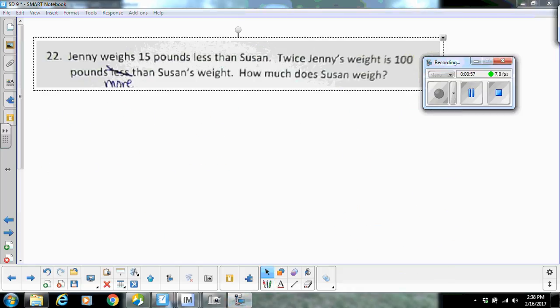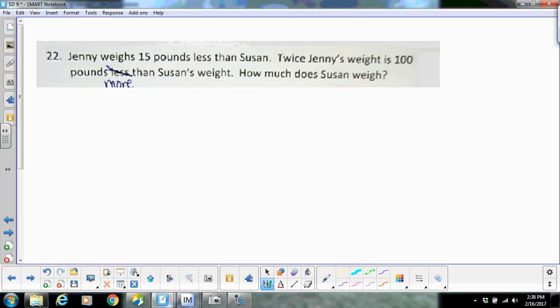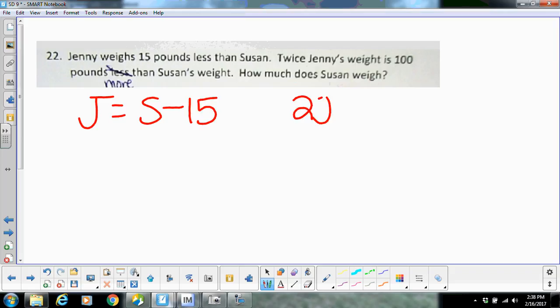All right, problem number 22 here. Jenny weighs 15 pounds less than Susan. Okay, so I'm going to start with saying Jenny equals Susan minus 15. All right, twice Jenny's weight, so 2J is 100 pounds more than Susan, so S plus 100. Remember, I changed that from less to more.